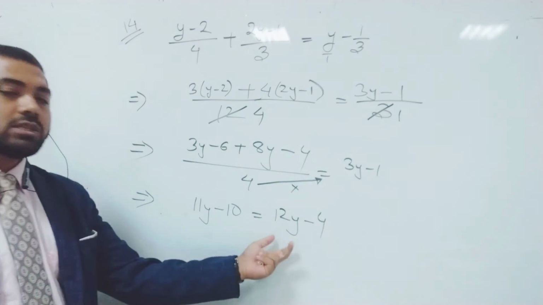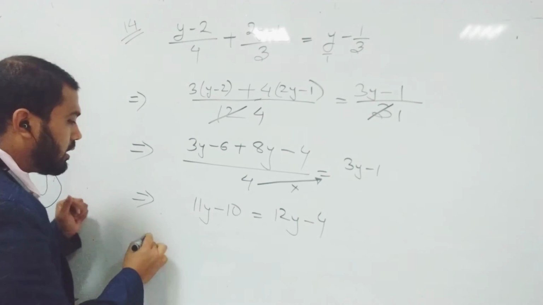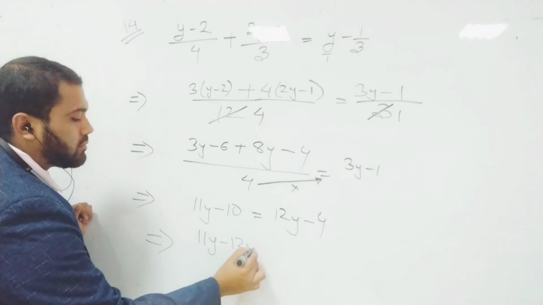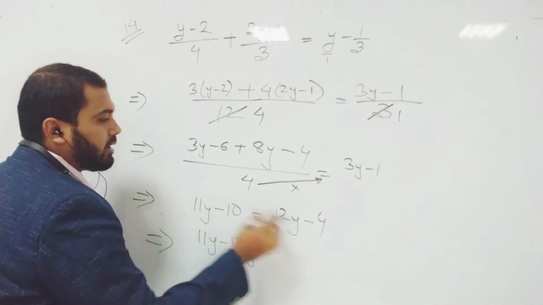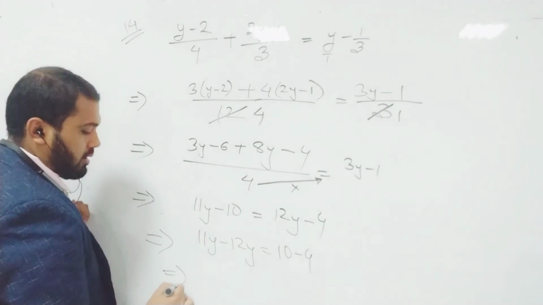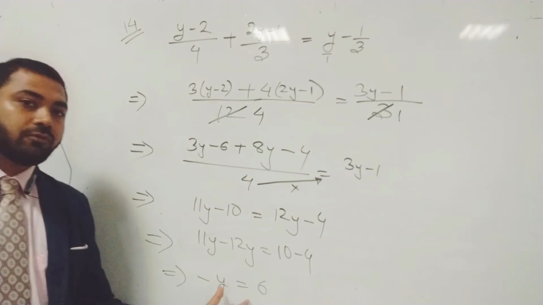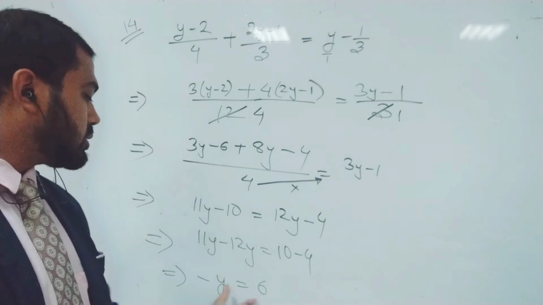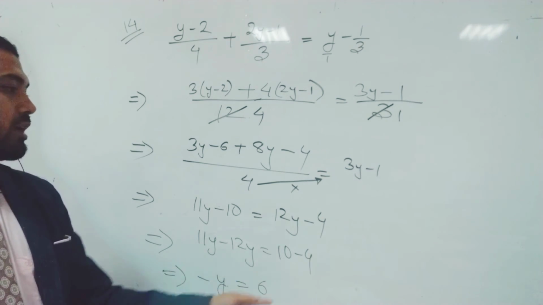Now the remaining part is to get all the y values to the left side and the numbers to the right side. So 11y minus 12y equals this 10. If the 4 shifts to the right side, it becomes positive. So 10 plus 4, or minus y equals 14? Here, minus y equals 6. If you have minus y equal to 6, the next line is you just shift the minus sign to the right side.